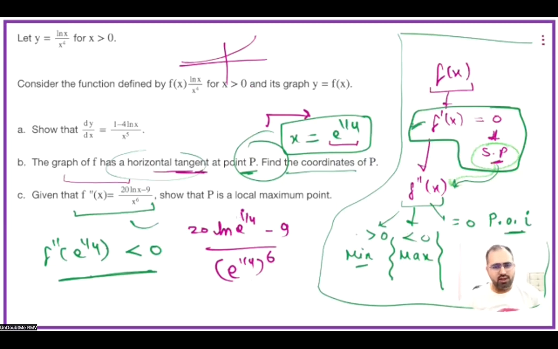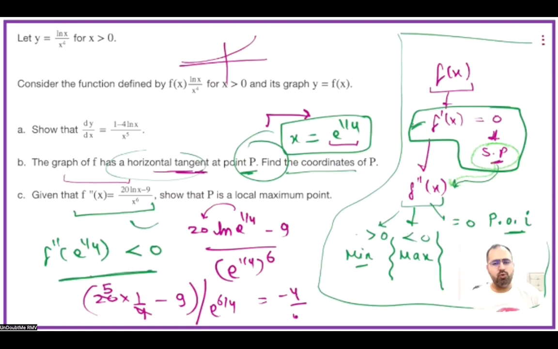In the numerator, you see that this 1 by 4 can come in front. So I will get 20 times 1 by 4. Ln e will be 1. So not required to write minus 9 divided by e to the power 6 by 4. Now 4 and 20 will go, and there will be 5 minus 9, which is minus 4.